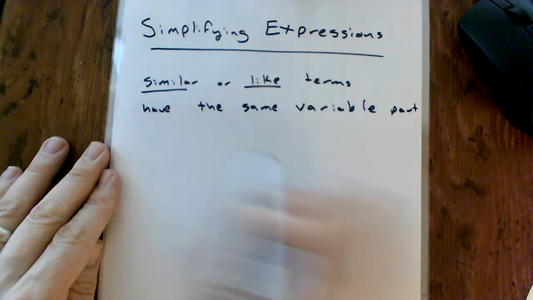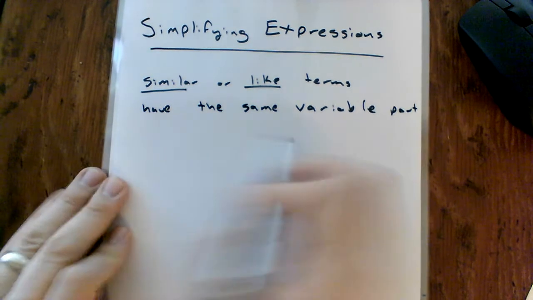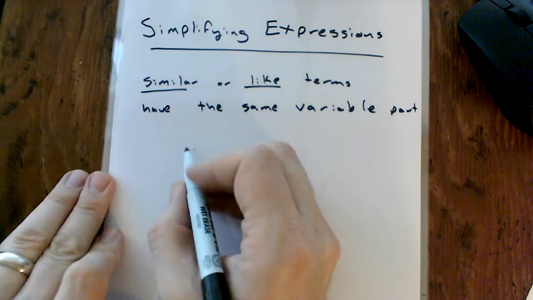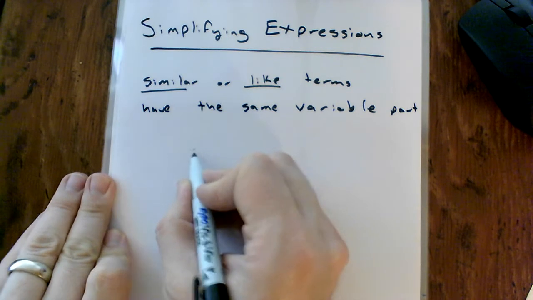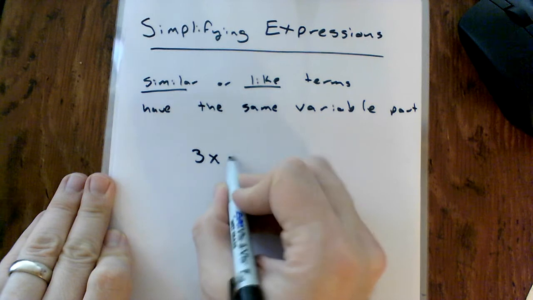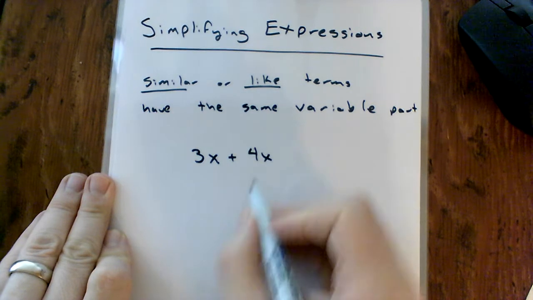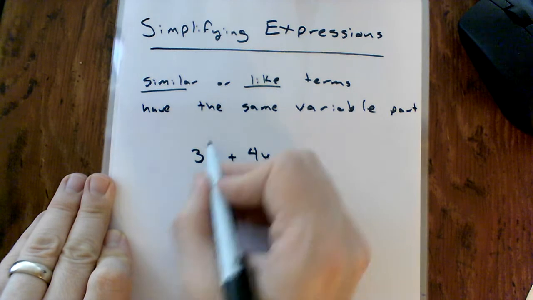So, when I talk about expressions, I've got something like this, and I can add together some like terms by simply adding together the coefficients. So if I've got something like 3x plus 4x, here my variables are x.